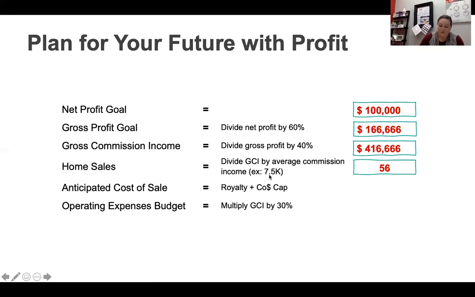Now, to do a little math here, it's 92.5 homes for us. So you might as well say 93 homes.